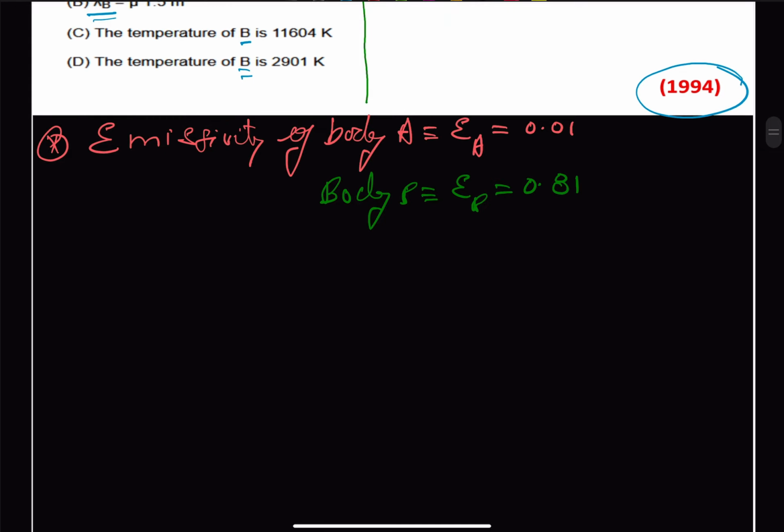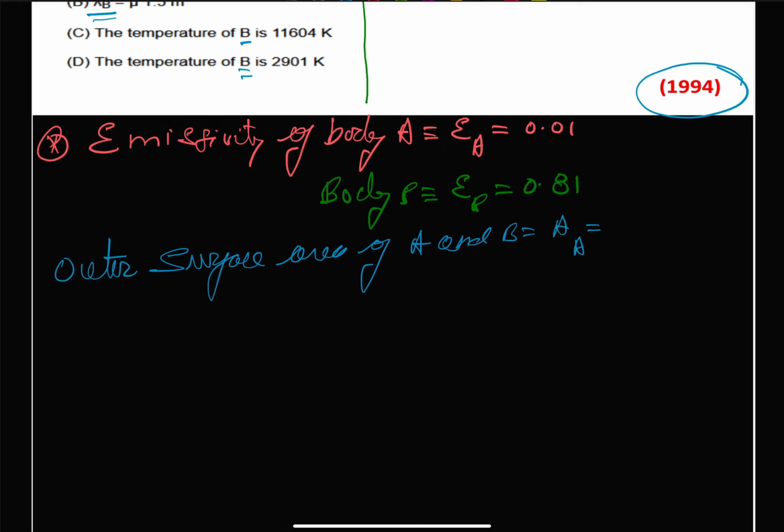Therefore we can write that the outer surface area of A and B is the same. So area of A is equal to area of B, and let us suppose it is equal to A. Okay.